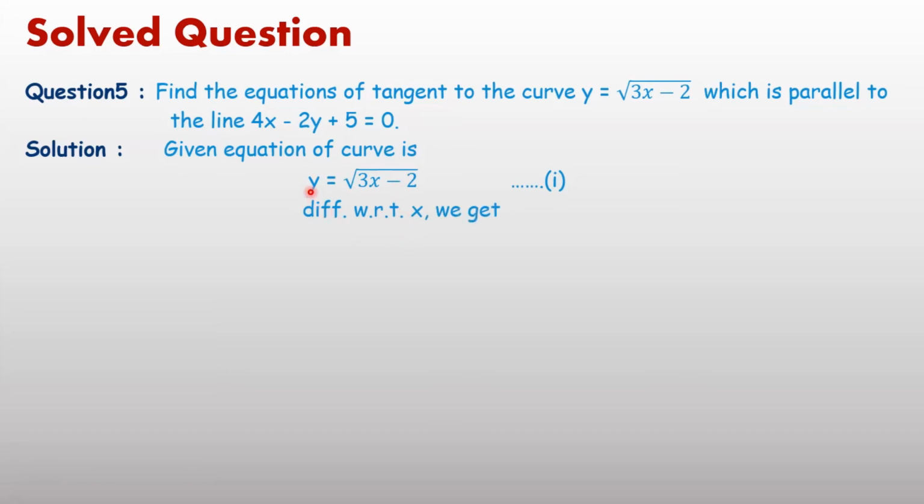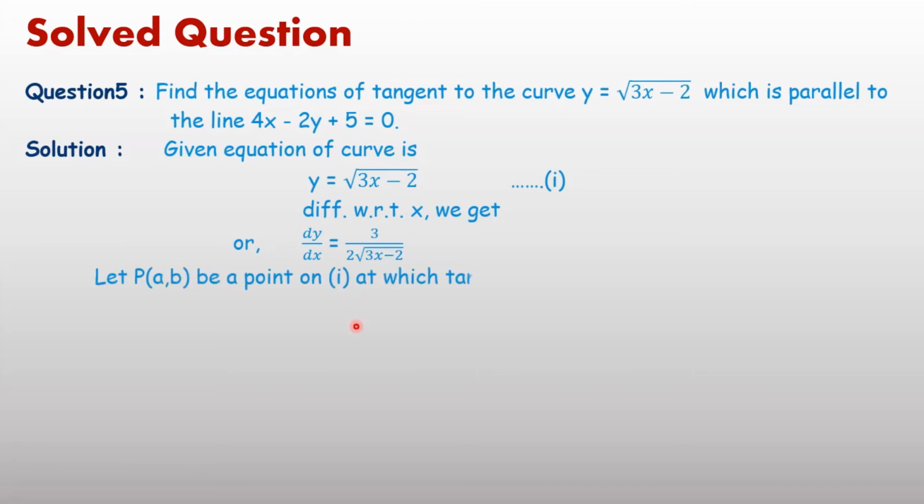The differentiation of y means dy/dx equals the differentiation of √x, which is 1/(2√x). Here, 1/(2√(3x - 2)) into the differentiation of 3x - 2, that is 3. Just using the chain rule, we get the value of dy/dx.